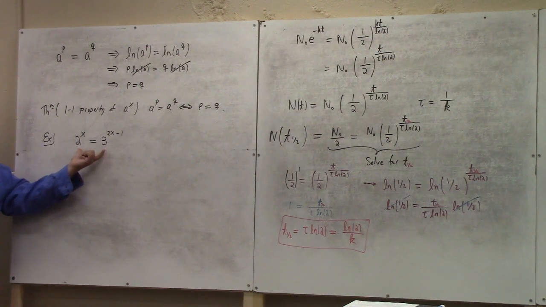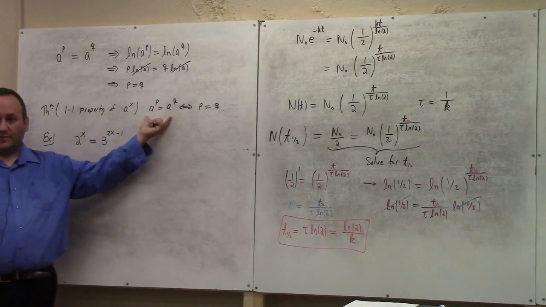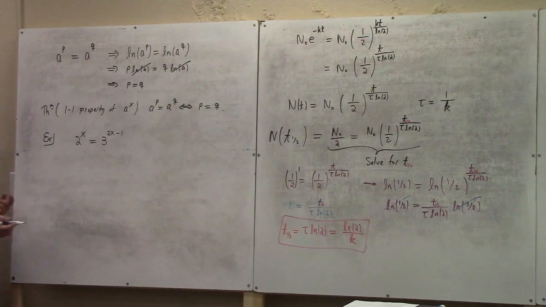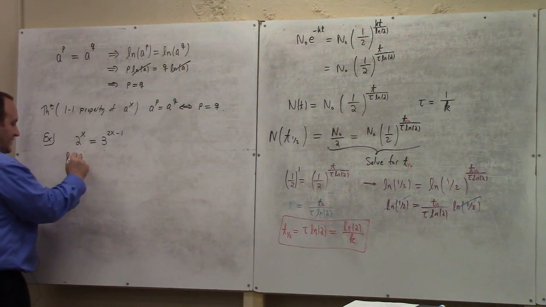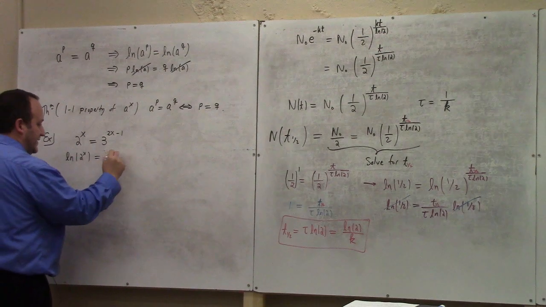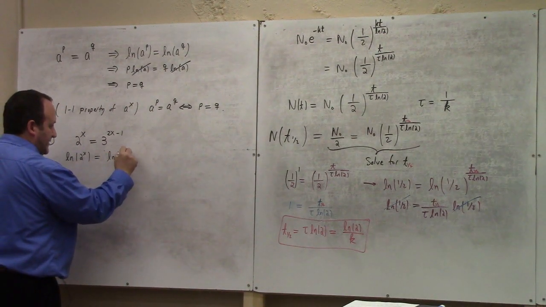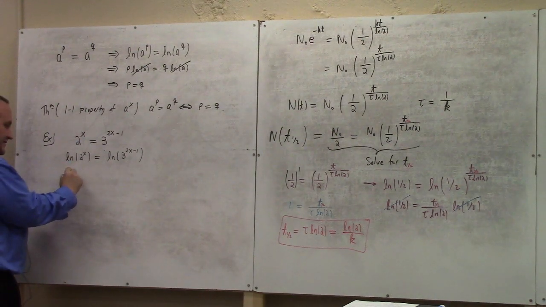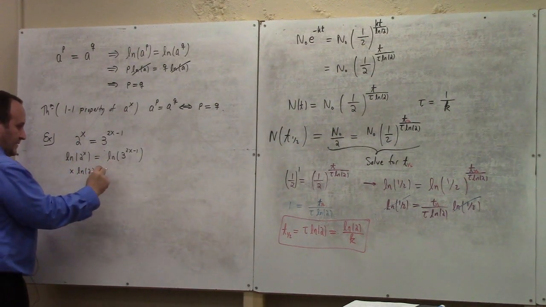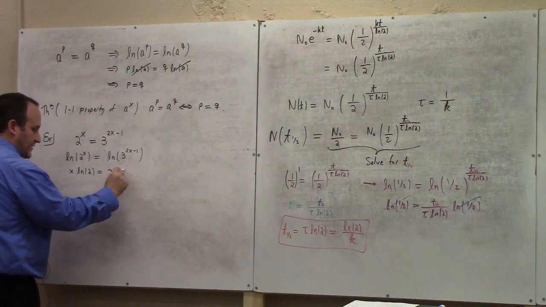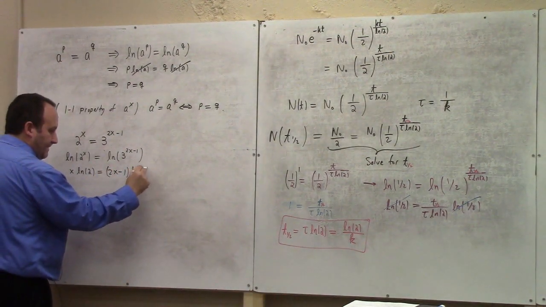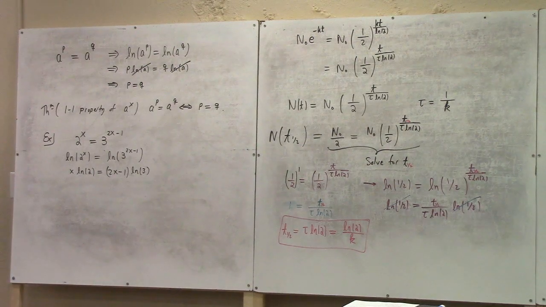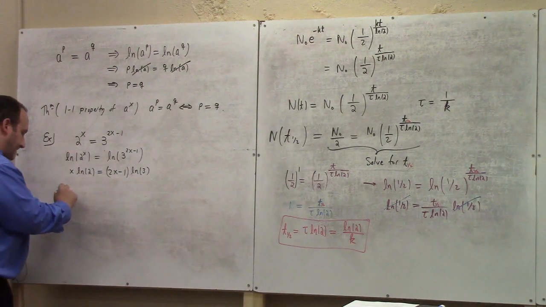See, this is only good when we have the same base on both sides. So then you get to take the log. Now we've got to take the log, and the log tells us what scale factors are needed to match up the powers, basically. So x log 2 equals (2x minus 1) log 3. And that we can solve. Isolate x. Put the logs on the other side.